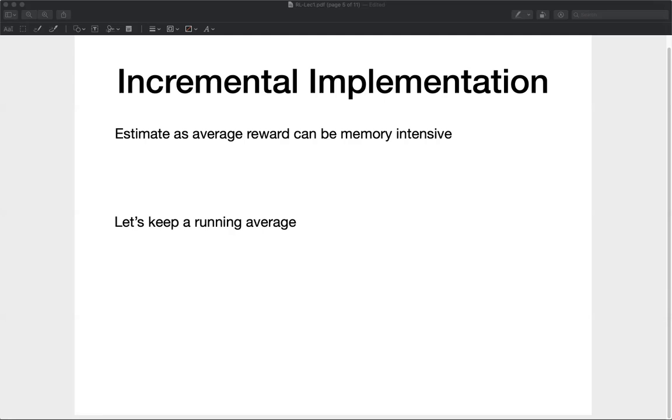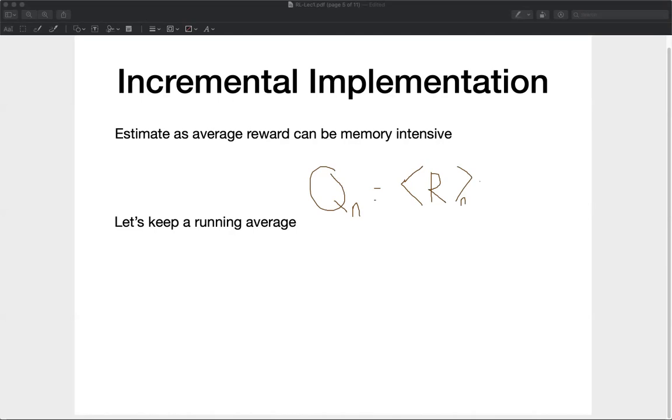We need to say that the value of an action at the nth time point is the average returns over all the n's, right? So average all those n returns.